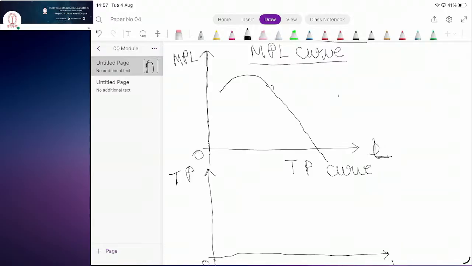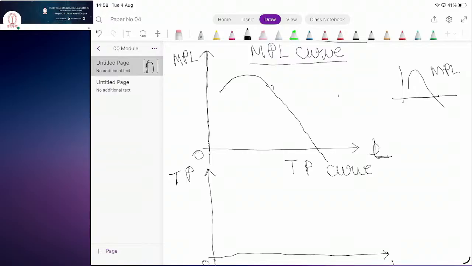Is it clear? What is the nature of this graph? It just goes up and it comes down. This is how marginal product of labor will work. MPL curve, have you all drawn?